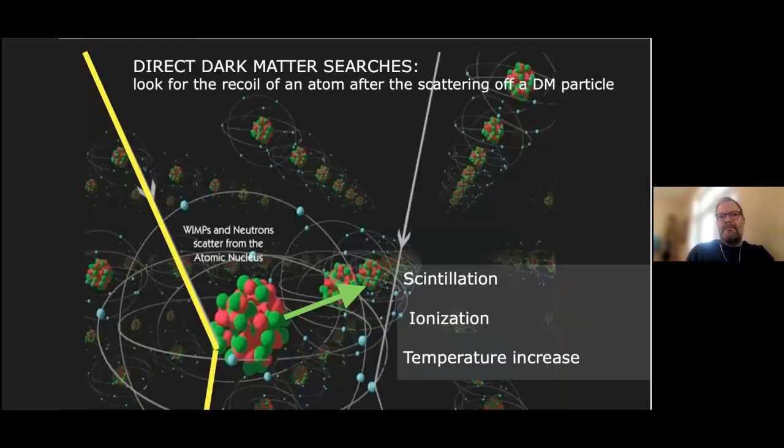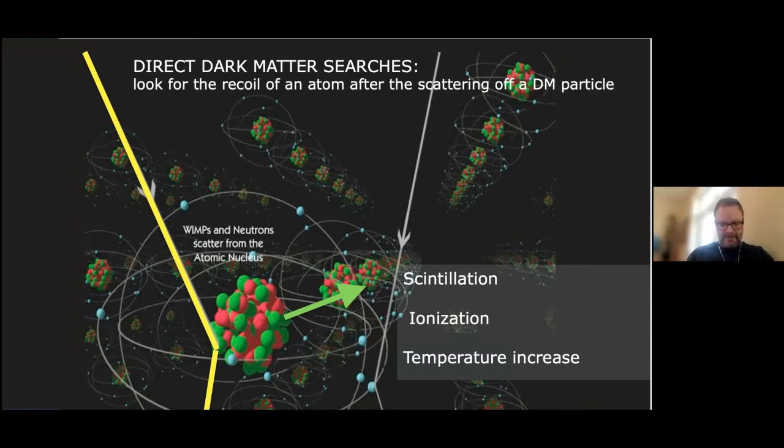Okay, so what happens if we have an interaction between a dark matter candidate or dark matter particle and a nucleus, or an electron? We can have both. In the materials that we will consider, one signal we can get out is scintillation. So there's a photon emission.